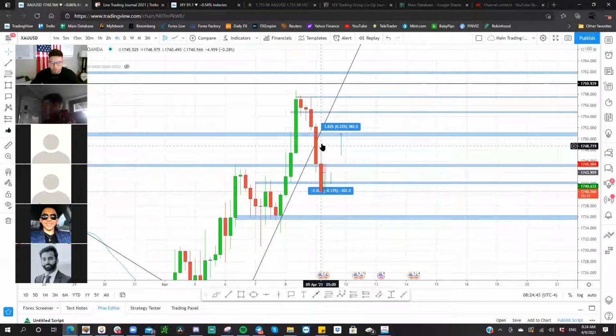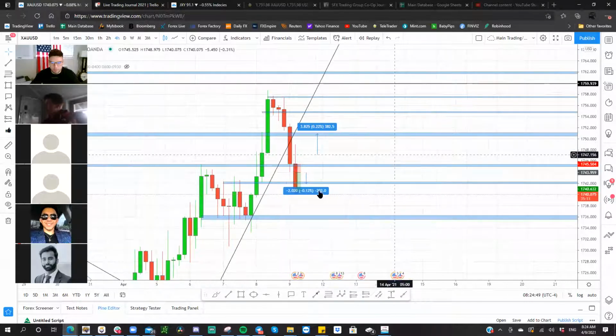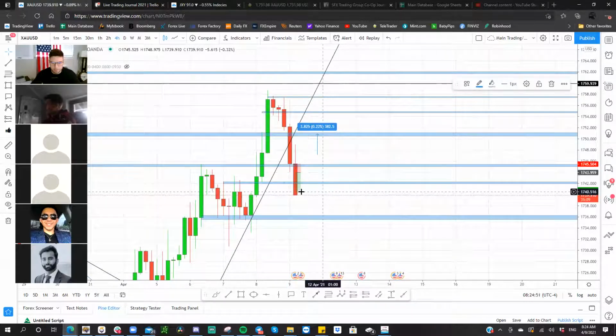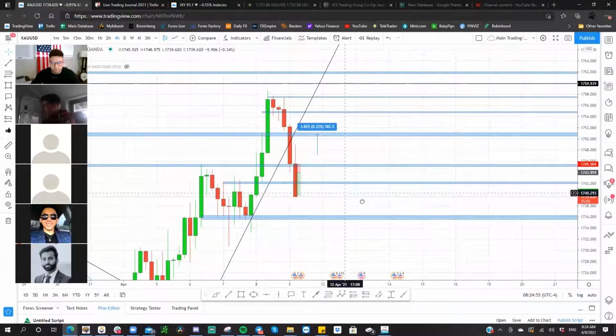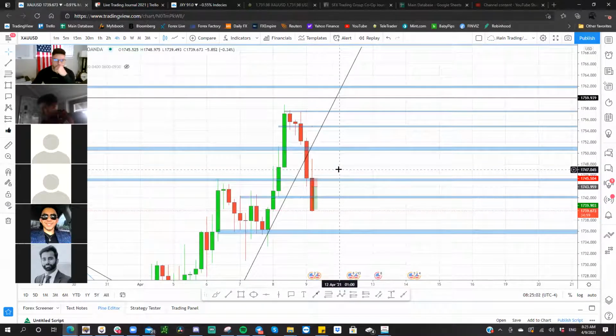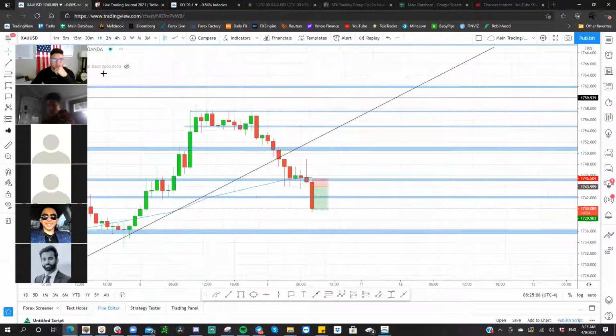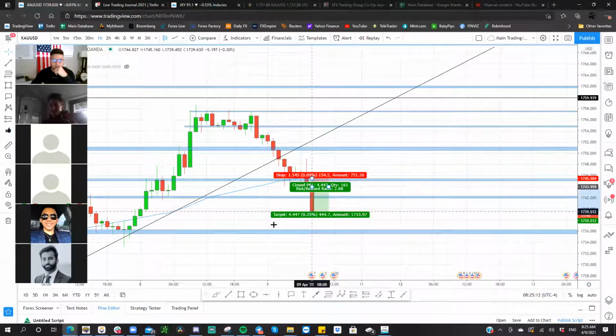Gold created this top wick up here and then passed below the bottom wick of the previous 4 hour. This would have been a nice trade. Wow. It's honestly crazy how simple trading is. Not easy. It's simple.